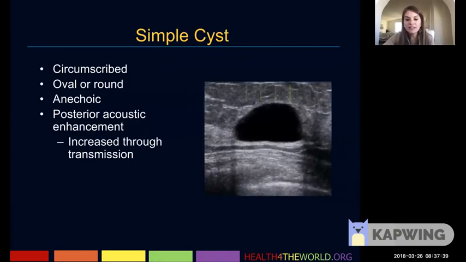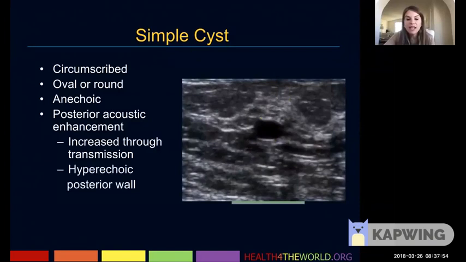Again, these cysts have increased through transmission as we send our sound waves through the lesion, causing this nice posterior acoustic enhancement, this bright white behind the lesion. Now, another thing that's helpful, particularly if you have a small simple cyst, you might not always see that posterior acoustic enhancement, but what you do see, and what's very specific for a cyst, is this hyperechoic, bright white posterior wall.